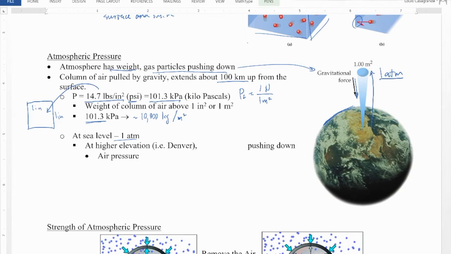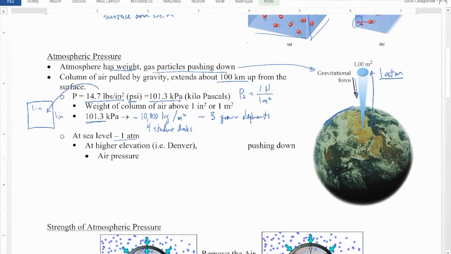A square meter is about the size of 4 of your student desks put together. So that gives you a visualization for what a square meter is. How about 10,000 kilograms? Well, that is about the weight of 3 grown elephants. Can you imagine 3 grown elephants sitting on 4 desks?